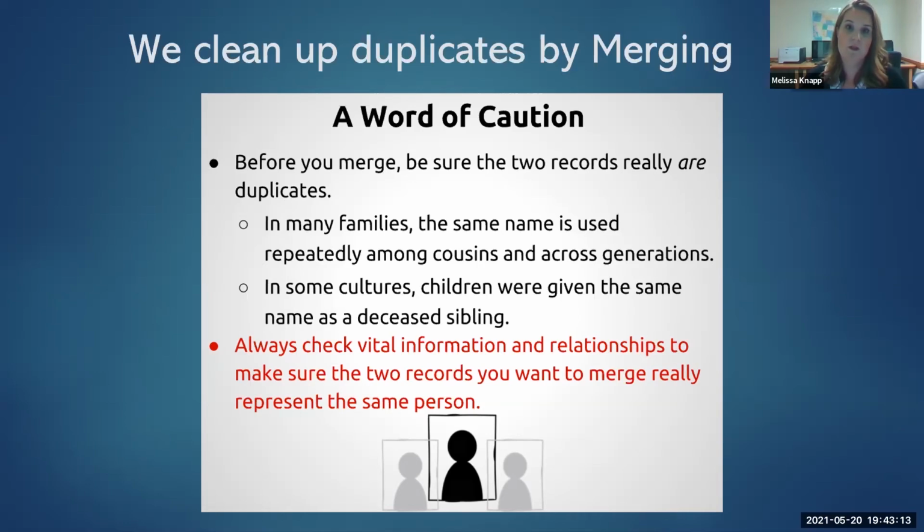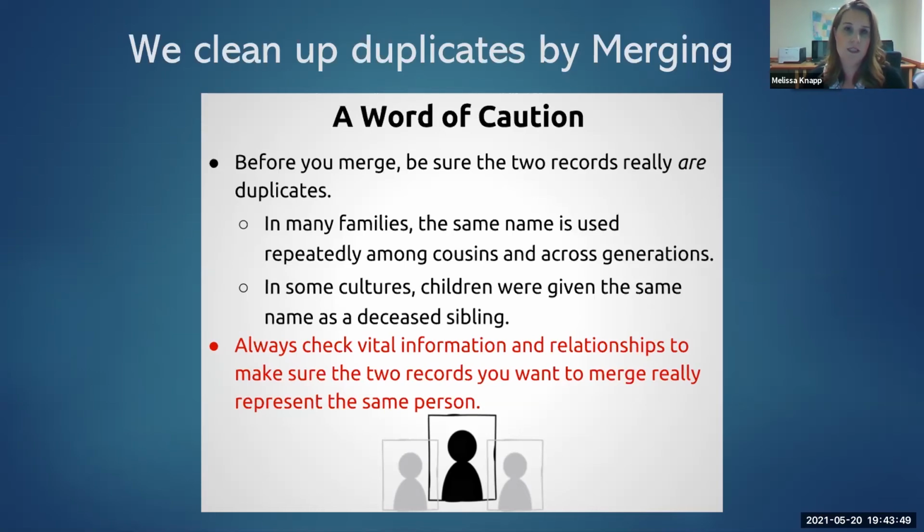Also, this is something really important to remember. Sometimes we see in a family two children of the same name, and we automatically think, oh, this child is in the system twice. A lot of times it is, but really, up until this past century, it was very common in cultures, if a child died young, because family names were so important, to name the next child that same name. They didn't want that name to be lost.